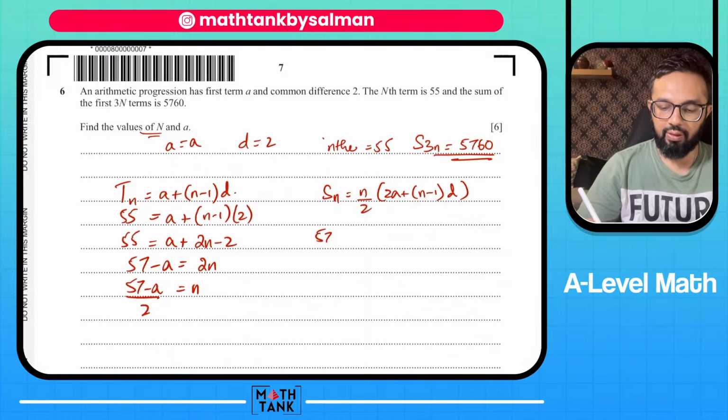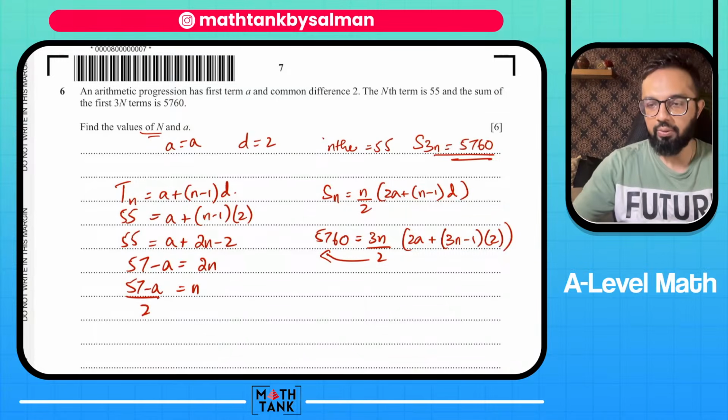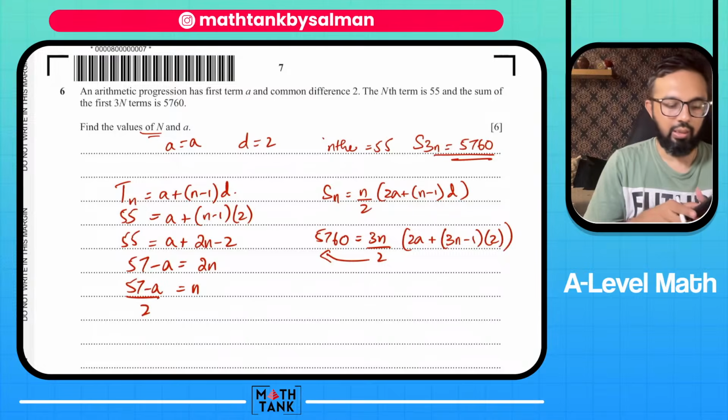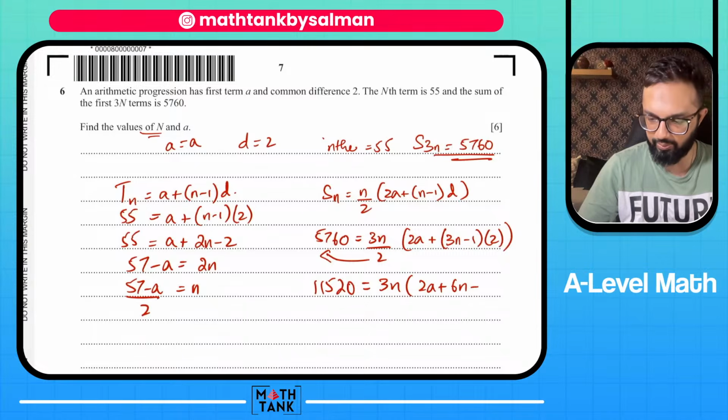So 5760 equals 3n over 2 times 2a plus 3n minus 1 times 2. So take this and cross multiply. What's 5760 into 2? 11,520. 11,520 equals 3n times 2a plus 6n minus 2.